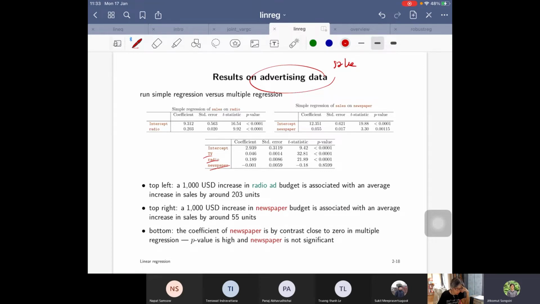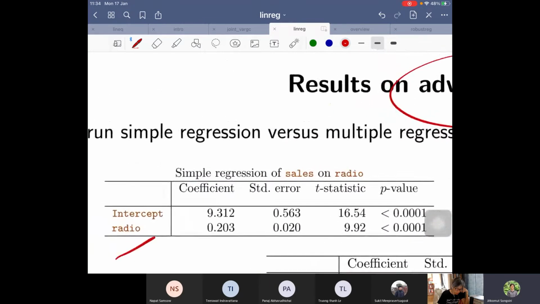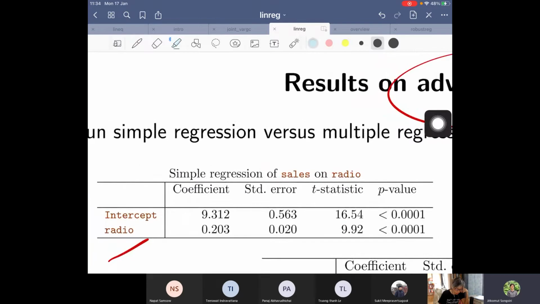I regress sales on radio, just radio. In another regression, I regress sales on the newspaper. When you see the results here, that's the table returned. First of all, if the p-value is significantly smaller than alpha, that means the corresponding variable is significant.